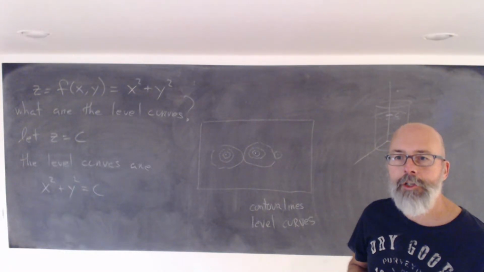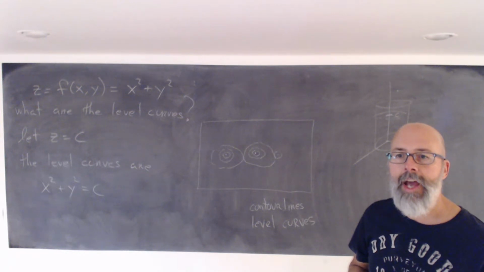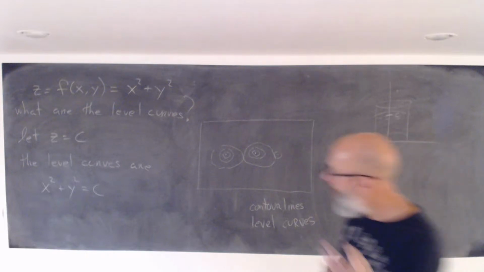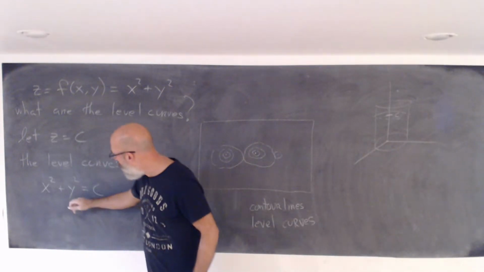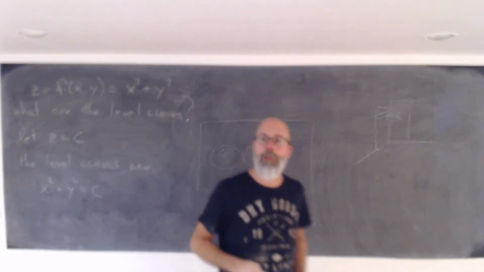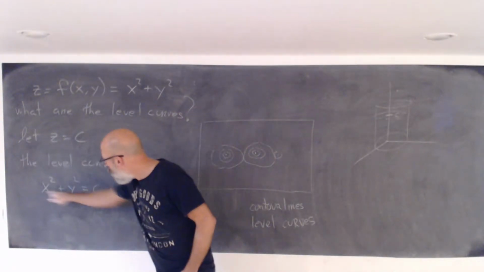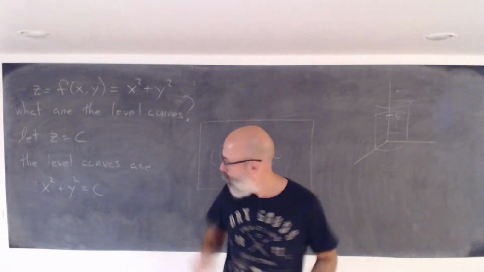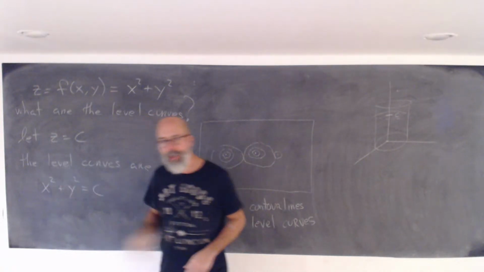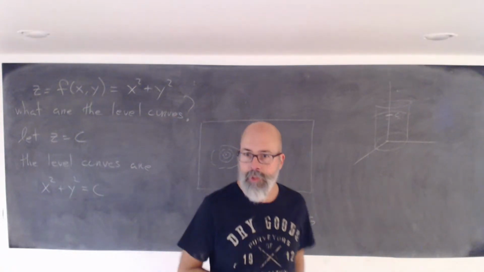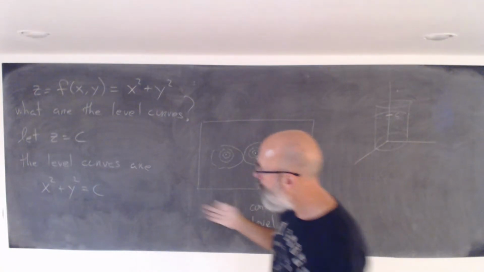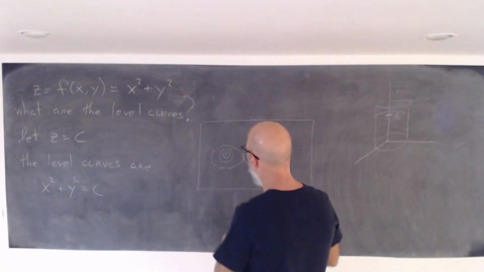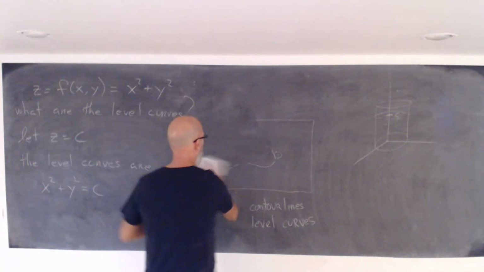If z is constant, could you just ignore the z-axis entirely and represent it from x and y? Well, that's exactly it, right? These level curves now are just functions of x. At least theoretically, you could solve for y as a function of x, or perhaps just implicitly, but this is a family of curves in the xy plane.